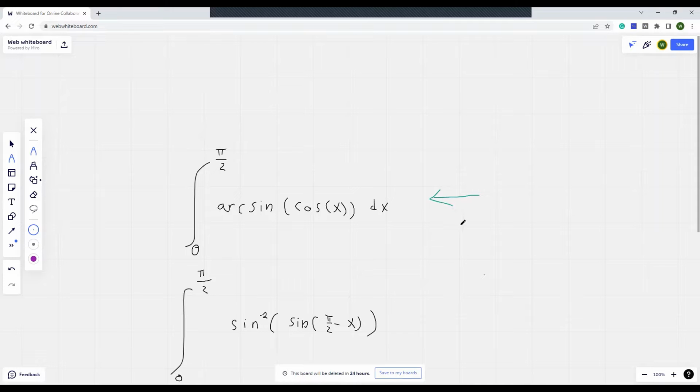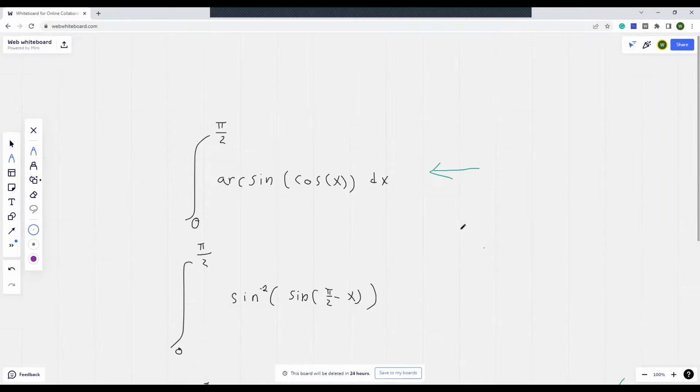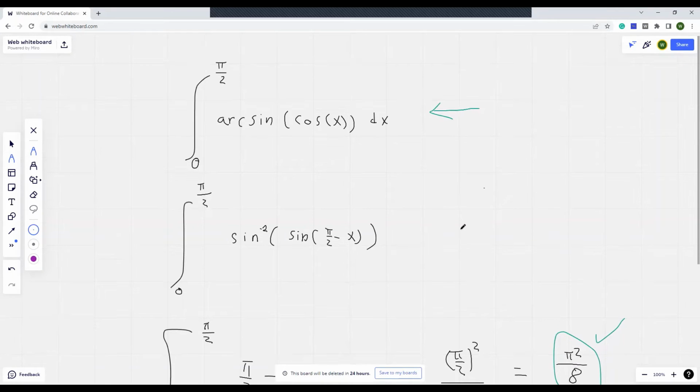And say, okay, it'd be awfully convenient if instead of thinking in terms of cosine of x, we can think in terms of sine of x. That would be awfully convenient. So let's forget about cosine of x and convert this in terms of sine of x.